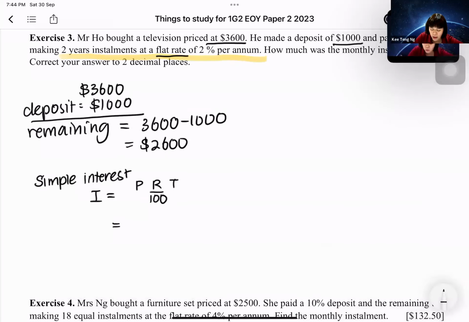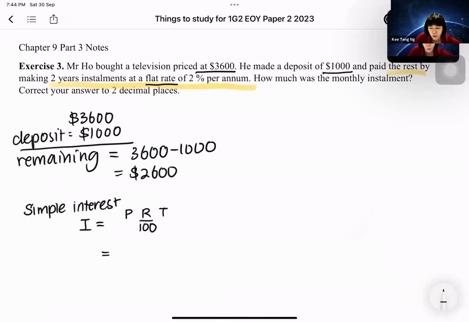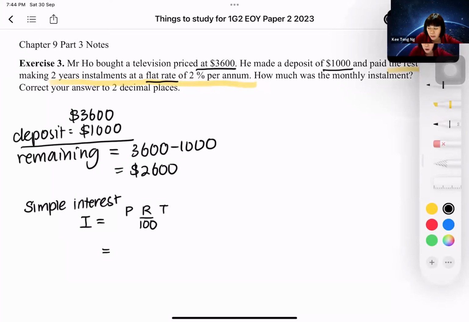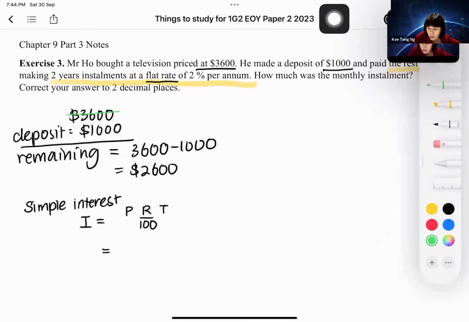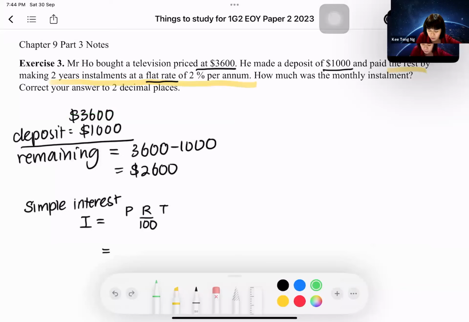And then what do I have? I need to know this amount of money that I borrowed. Question, what is the amount of money that I borrowed? Is it $3,600 that I borrow? Or did I borrow the remaining amount that I owe them? Right? I actually need to borrow the remaining amount that I owe them, correct? Not.